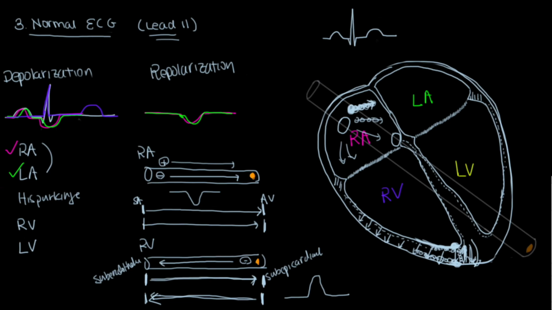And then I won't belabor the point too much for the left ventricle, because the same exact thing happens with the left ventricle. Actually, let's draw in here. What happens here? The repolarization here, and then repolarization happens here. And for the left ventricle, same story.